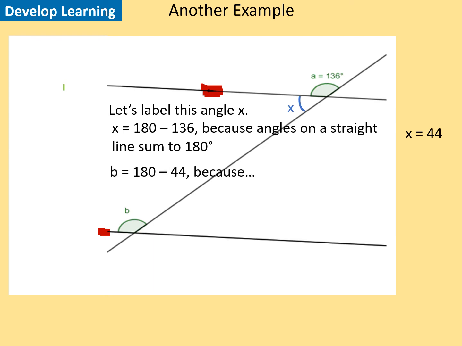We can say that B equals 180 take away 44 because remember, these are in parallel lines, and also angles X and B are allied angles, which means they are both in the same region on different sides of the transversal. Or in simpler terms, we can draw a C shape and we can see that they are both allied angles this way.